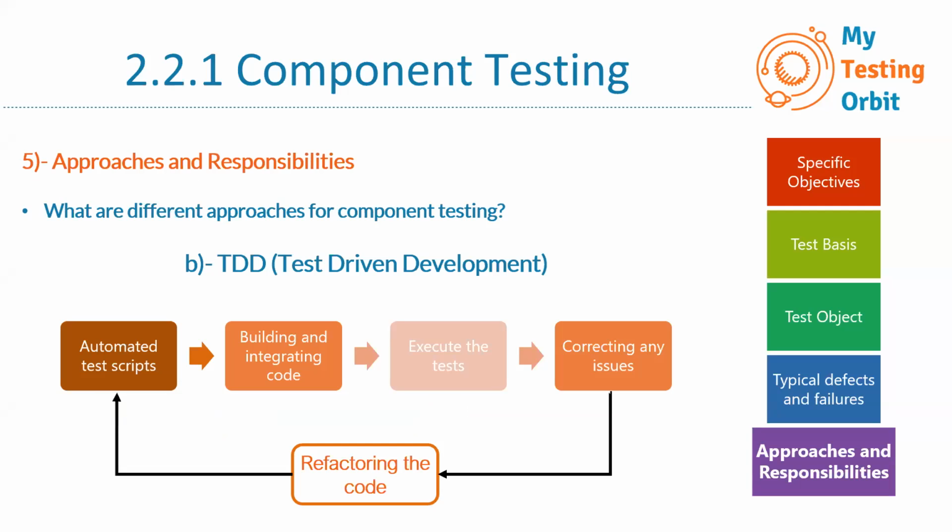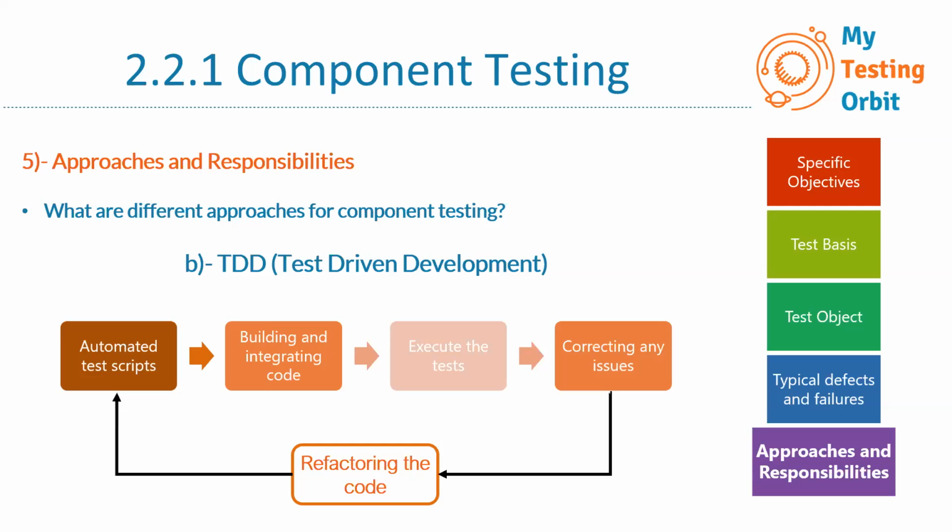TDD. I'm not sure how many of you are familiar with this approach, but TDD is known as test-driven development. As the name says, this is a test-first approach. In this approach, instead of writing the code first, an automated test is written first.